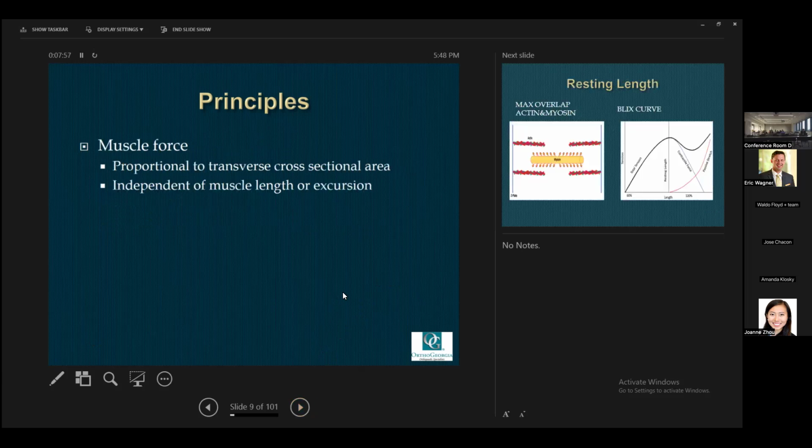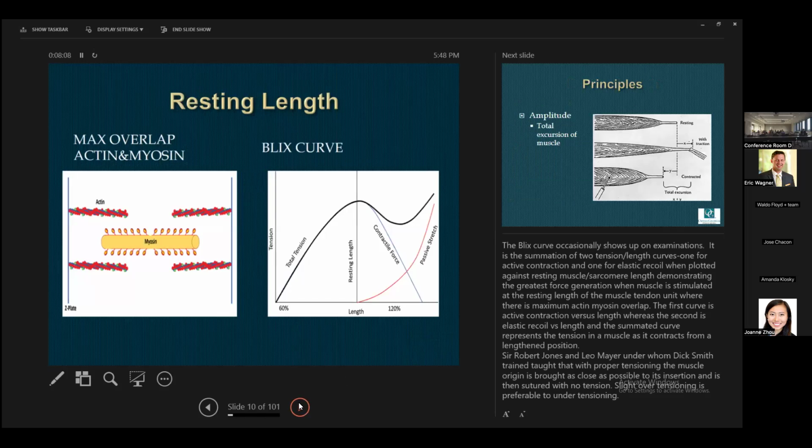Muscle force is proportional to the transverse cross-sectional area and independent of muscle length or excursion. And so here's a Blix curve that shows up on examinations, and the resting length of the muscle is where there is maximum overlap of the actin and myosin, and that's where the contractile force is the highest.